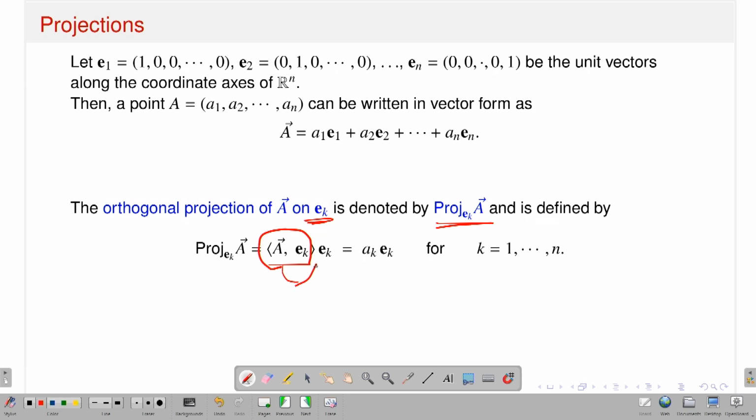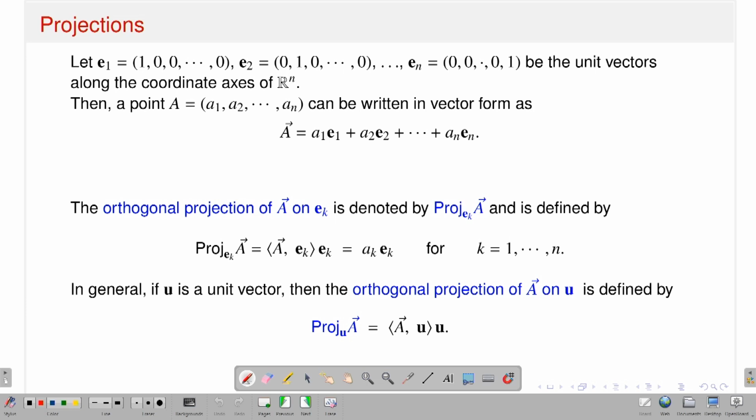The dot product of A with Ek gives Ak, and that Ak is multiplied with the vector Ek. So, the orthogonal projection of A on the vector Ek is a vector whose magnitude is the kth component of the vector A, multiplied with the unit vector on that kth coordinate axis.